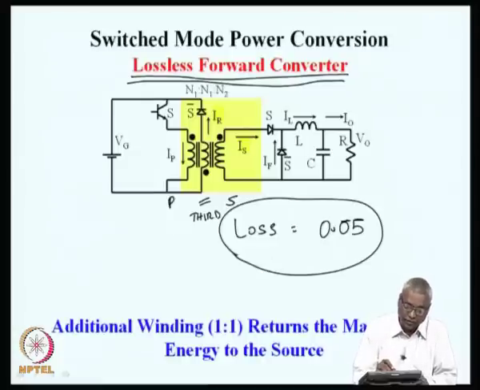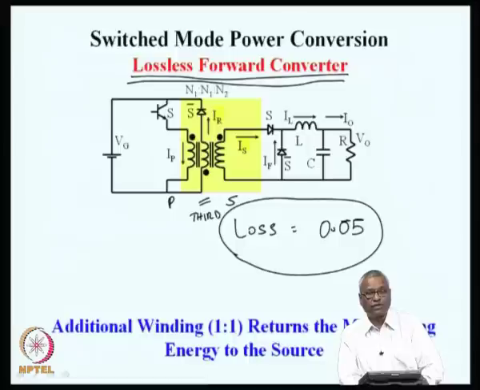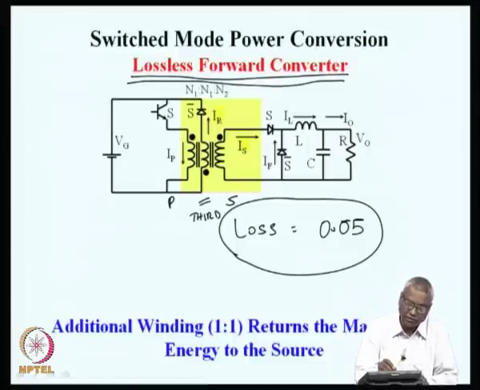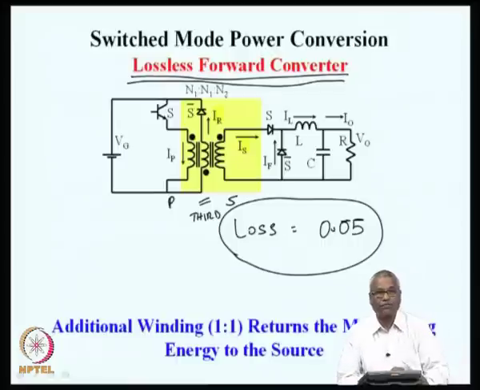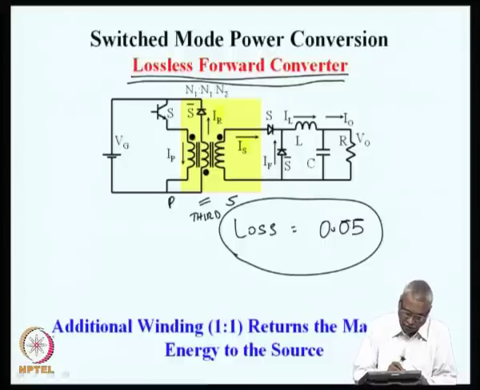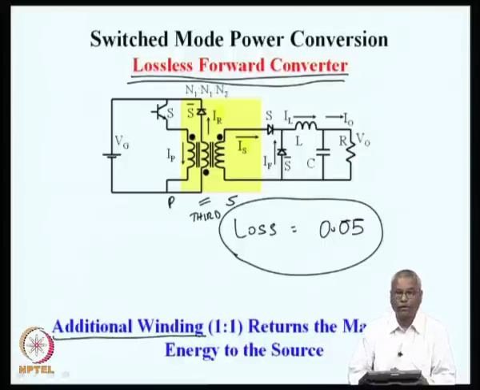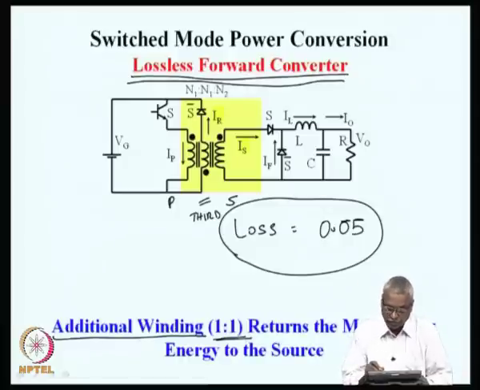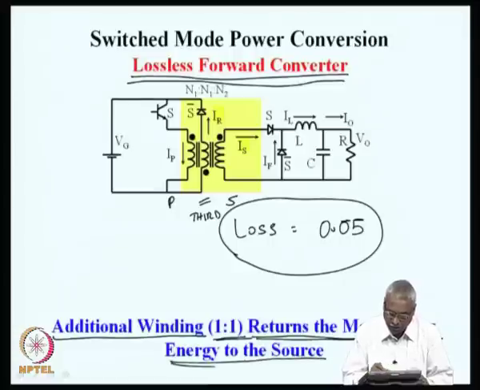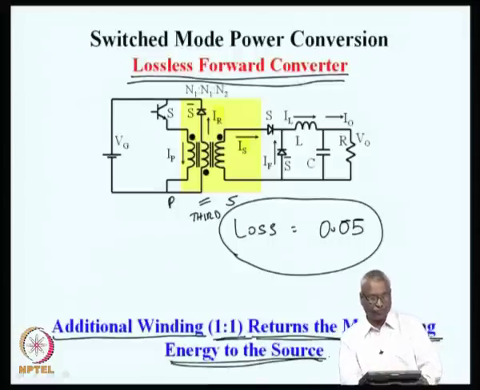So, the middle winding, which is used for resetting purpose, has the same number of turns as the primary winding, and the secondary winding has number of turns N2, which is depending on what is the output voltage that is required. So, there is an additional winding, and it has a 1:1 turns ratio, and the purpose of this winding is to return the magnetizing energy to the source. So, these are the 3 crucial points in this.